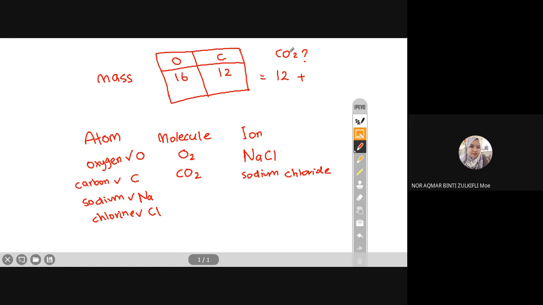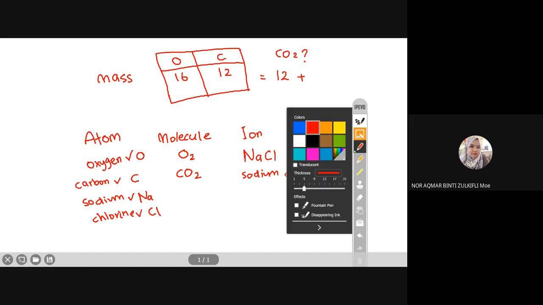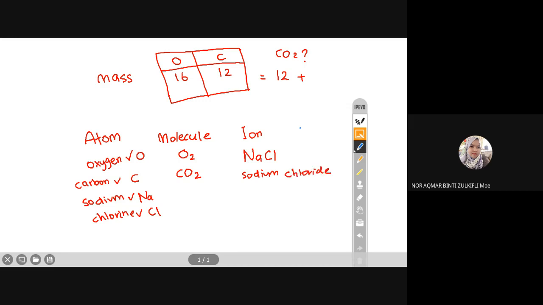Here we have two oxygen. You need to know the formation of the formula. One carbon plus two oxygen. The 2 in O2 here means double oxygen, two oxygen.